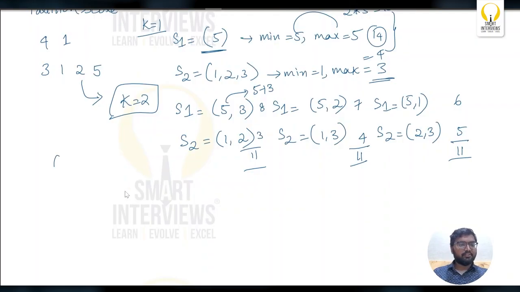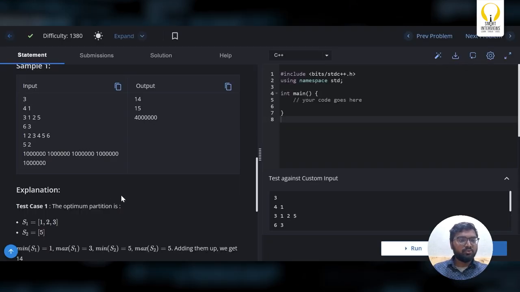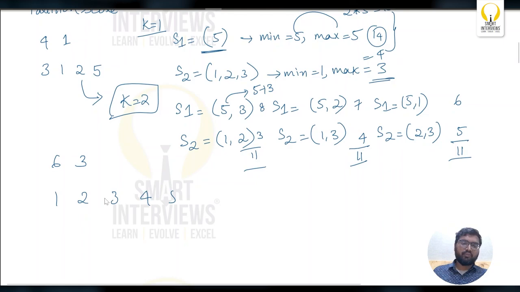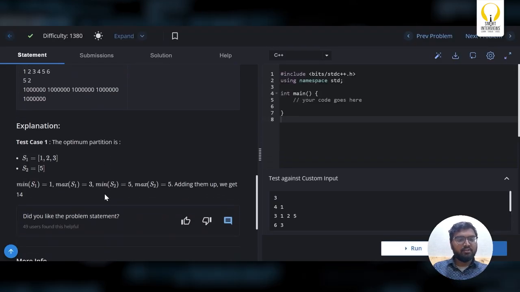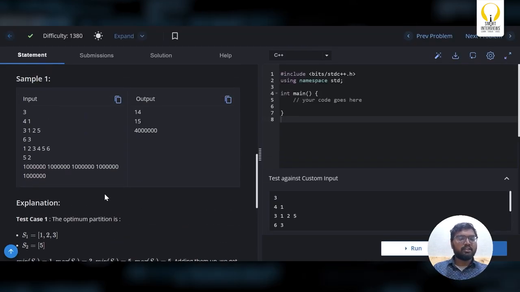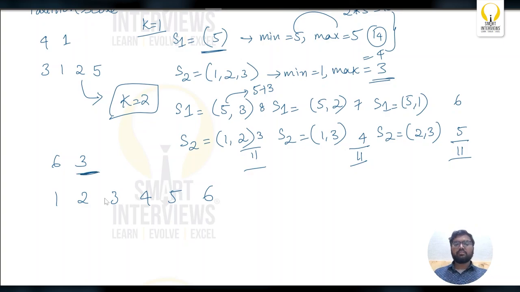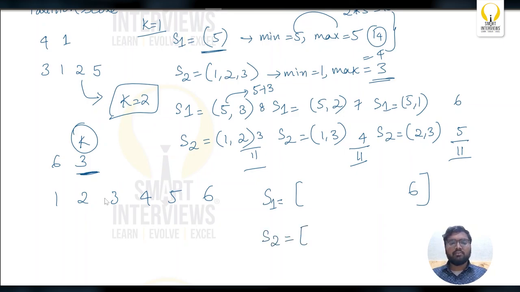So that is 1, 2, 3, 4, 5 and 6. Here there are 6 numbers, and k is 3 here. So what is the best thing you can do? 6 can be included as the maximum in subset 1, and we'll try to do it optimally such that 5 will be the maximum in subset 2.